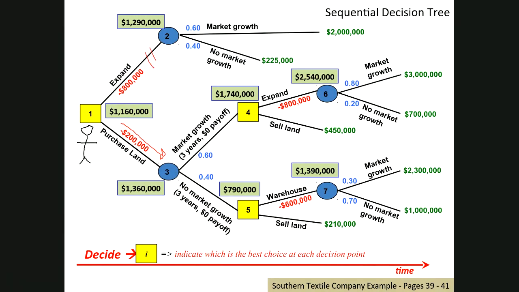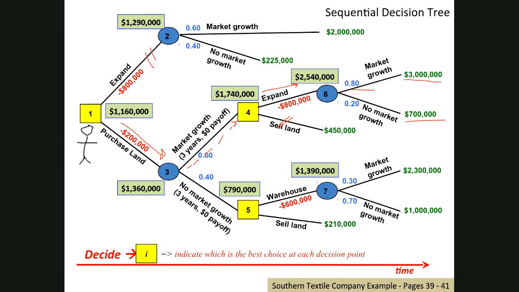When we get here, we have to wait and see: is the market going to grow? And I'm going to try to do this with a dotted line. If the market grows, because we don't know, and we reach this decision point, we're going to choose to expand the land and not sell it, because our expected value is larger. Then we're going to wait to see whether there's market growth or no market growth, and see what our ultimate return is: either 3 million, which is a high probability, or 700,000.